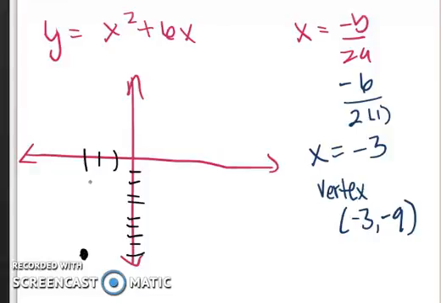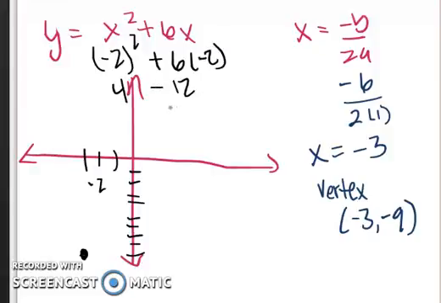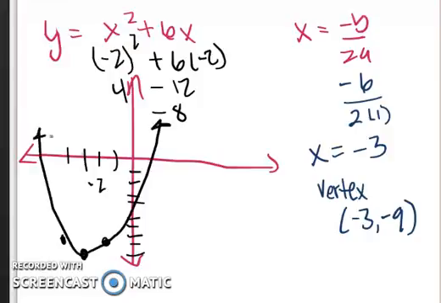Let's pick negative 2 because it's just going to mirror. We know that. So this is going to be negative 2 squared plus 6 times the negative 2. That's going to be 4 minus 12. So I'm going to get negative 8. So that's right there. So on the other side, I'm also going to get negative 8 because it's going down our axis of symmetry.